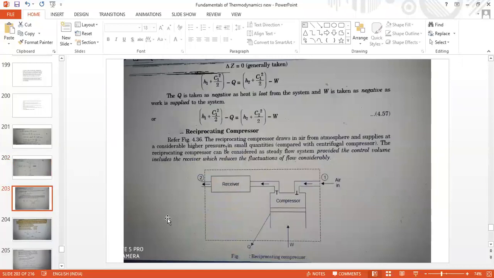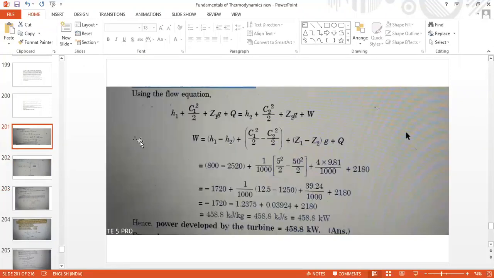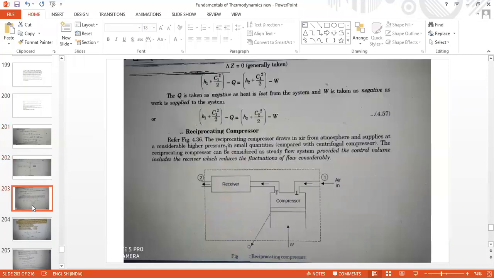So now the equation is similar. Whatever equation we applied to a centrifugal compressor, all these equations are applicable to this reciprocating compressor also. The compressor may reject some heat or may not reject heat; it is all dependent on the problem given.